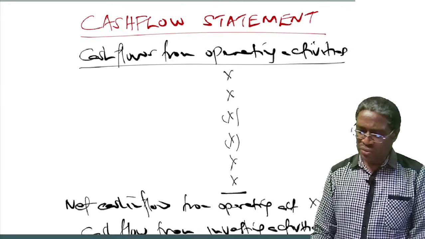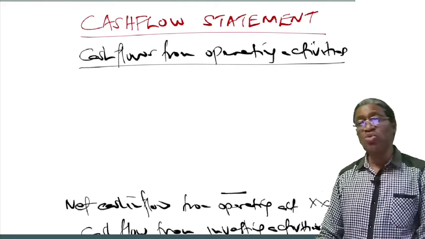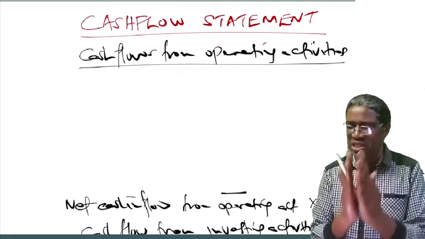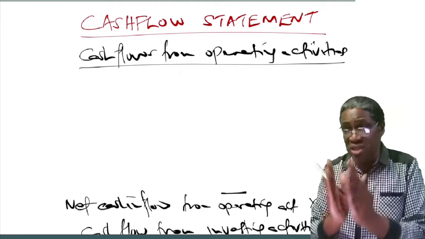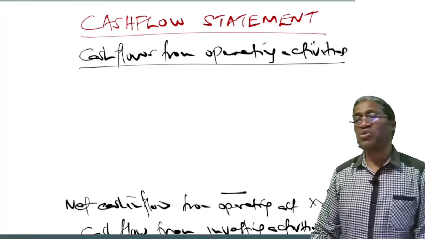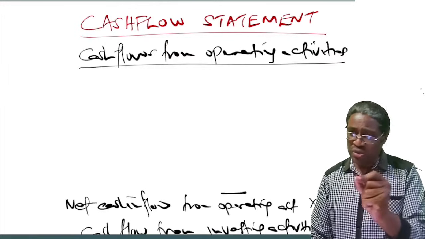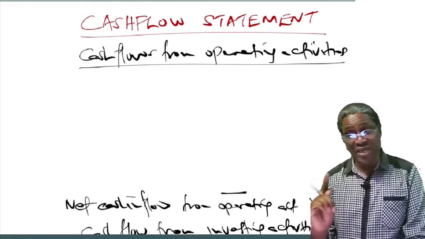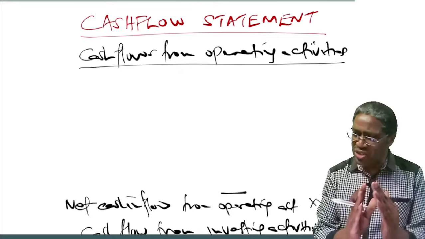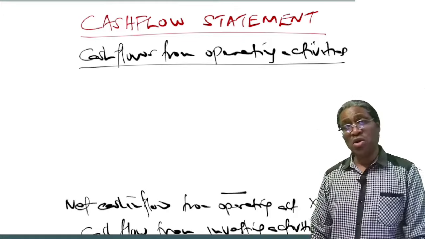But of course, before we discuss how to identify your cash flows from operating activities, you need to remember, when we say we are trying to determine the cash flows from operating activities, what kind of cash flows are these? Now, of course, you remember operating activities by definition are those transactions and events that are used in the determination of profit.